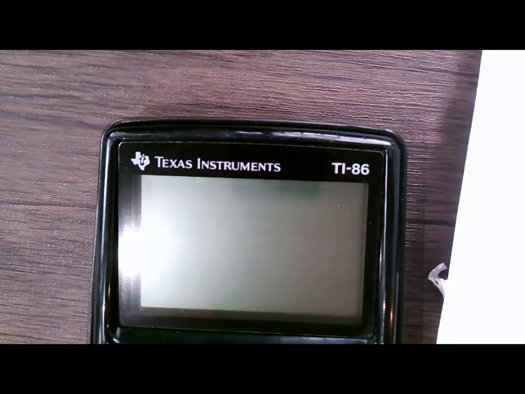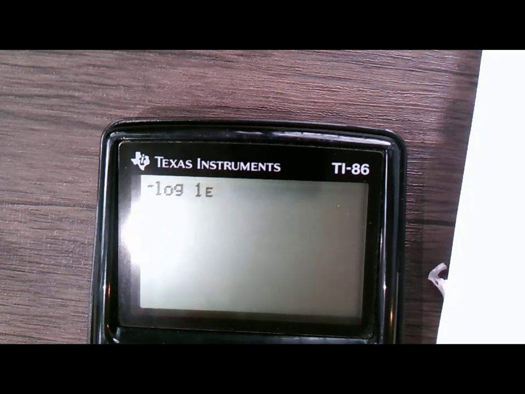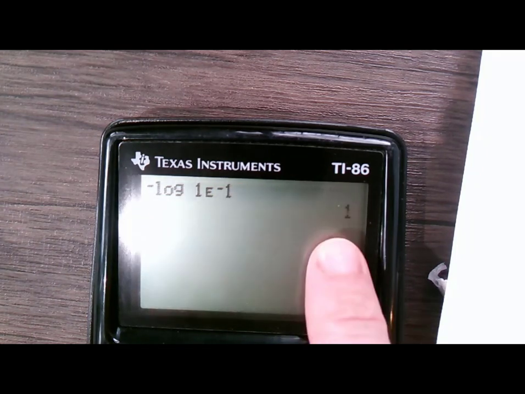Let's do this together. If I type in the negative log of 1, and I'm going to do second e, times 10 to the negative 1. Notice how I get 1.